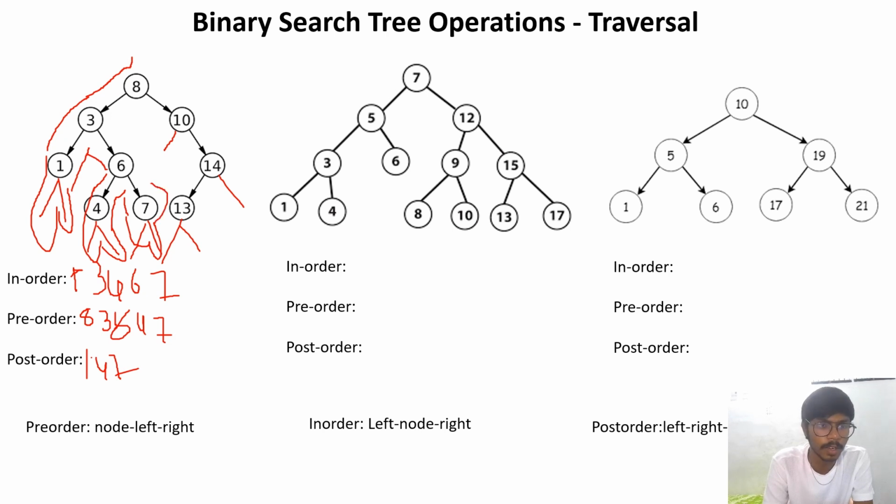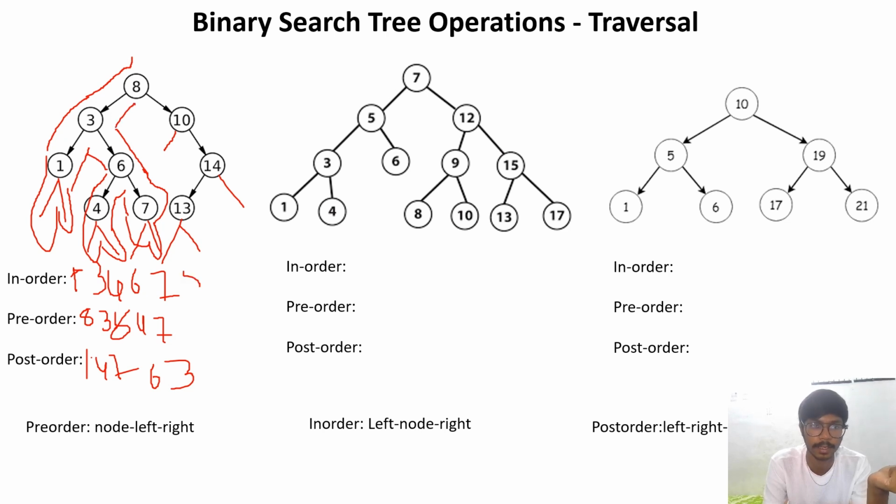Next, we go like this, 6 for the third time, so we write the 6 here. And 3, we have accessed it here and here. We are accessing it for the third time, so of course we write it in post-order. Then we access the 8 for the second time.